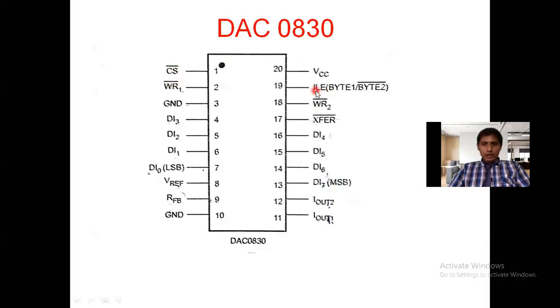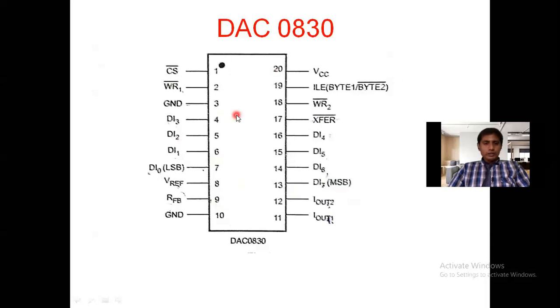One pin is ILE, input latch enable. Then XFER bar, the transfer control pin. Then 2 output currents, IOUT1 and IOUT2, pins 11 and 12. Similarly, pin 8 is VREF, the reference voltage, and RFB is the feedback resistance. Like that we have the pins.